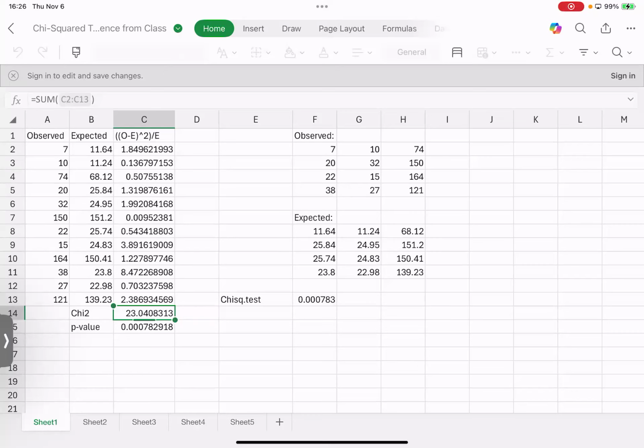Then the p-value uses, oh, that's right, the chi-squared dot dist dot right-tailed, because you never really want the left-tailed for the chi-squared, so you always want the right tail. Okay? It wants what the chi-squared value is, and it wants to know what your degrees of freedom are. Okay? So we do need to find our degrees of freedom.